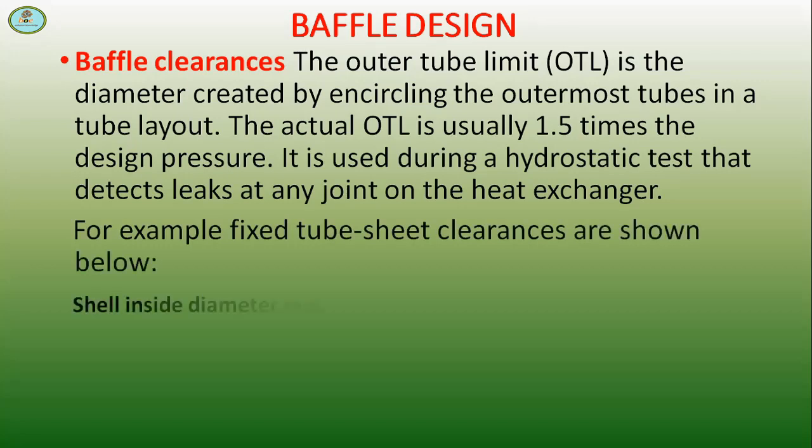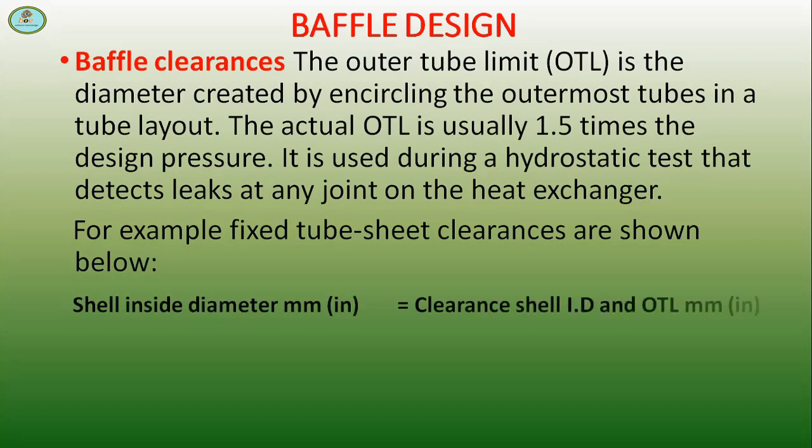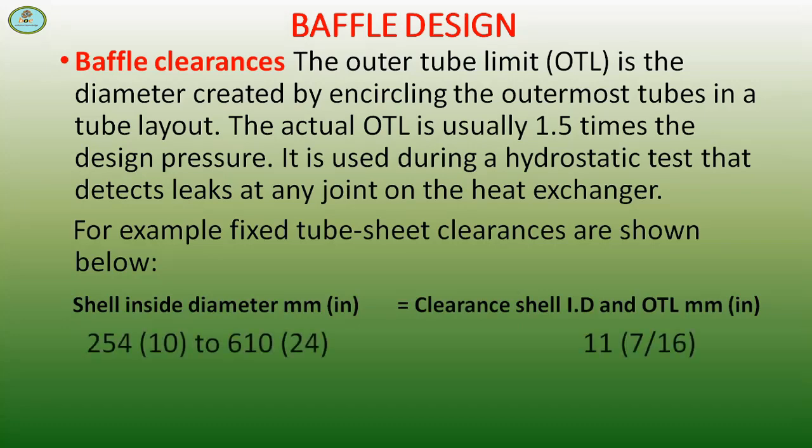Shell inside diameter in mm is equal to shell clearance, shell ID and OTL in mm. 254 into 10 to 660 into 24 is equal to 11 into 7 upon 16. So greater than or equal to 635 into 25, or clearance shell is 13 divided by 1 by 2.